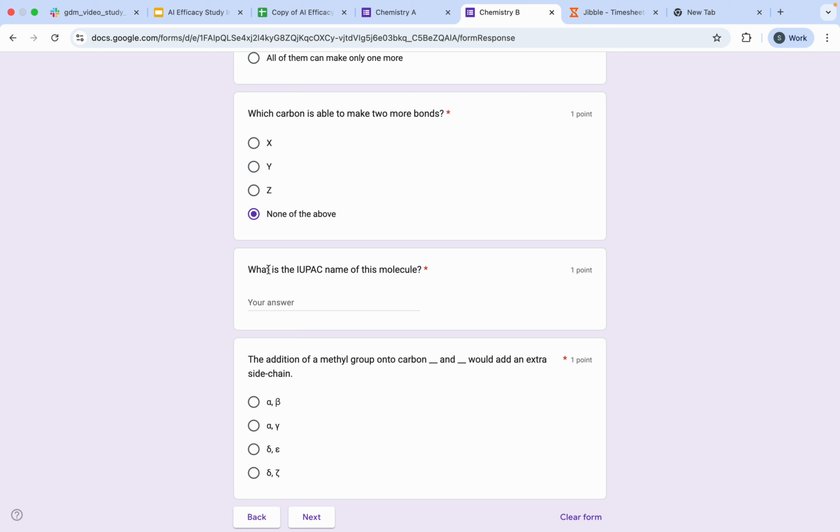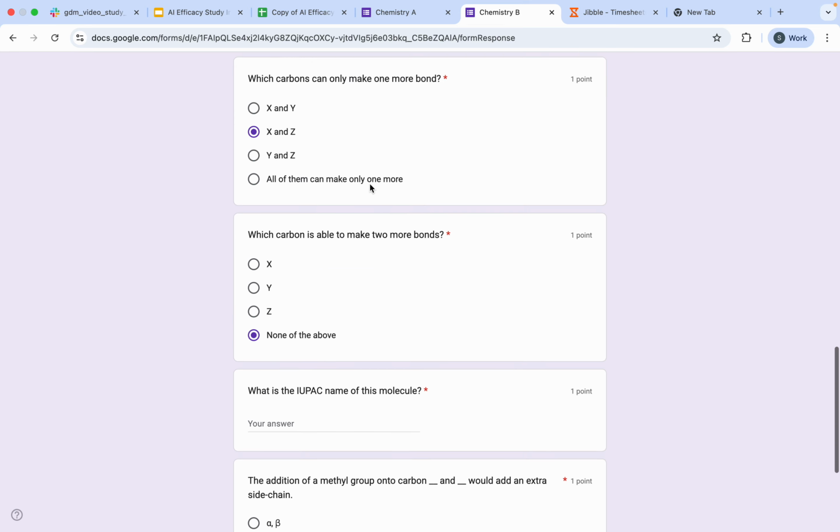So, what is the IUPAC name of this molecule?